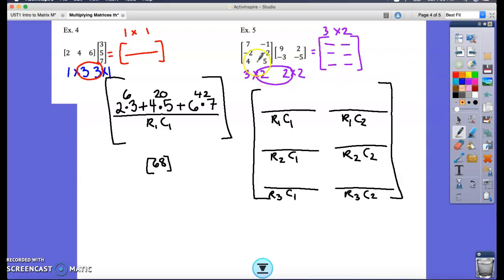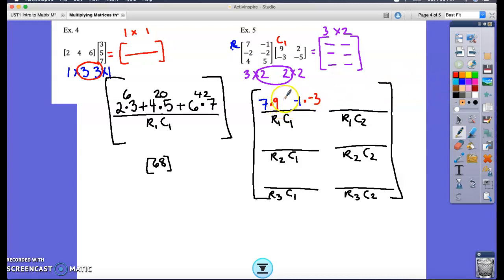So in this first guy, I'm going to do all blue for him. My first row is this 7 and my -1. And let's do red here. This is column 1. That'll be times 9 with the 7 and times -3 with the 1.